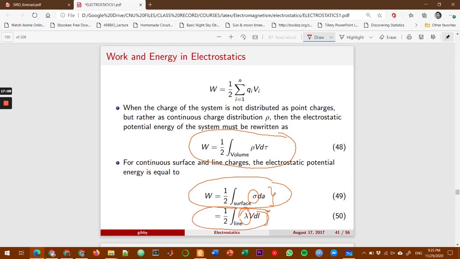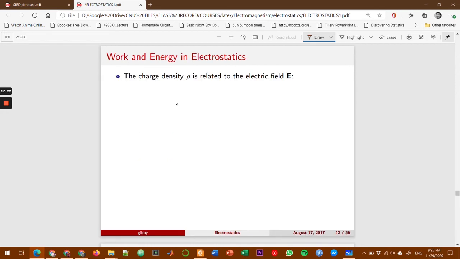However, we can also get the same value for the work. Instead of using the potential, you can also calculate the work by knowing the electric field. This is another method, a detour. Recall that the charge density rho is related to the electric field.